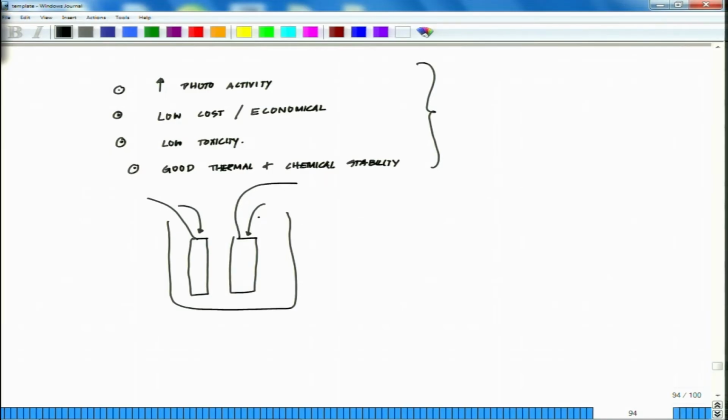The electrochemical cell has titanium dioxide as anode and platinum as cathode. This is your anode. This is your cathode.